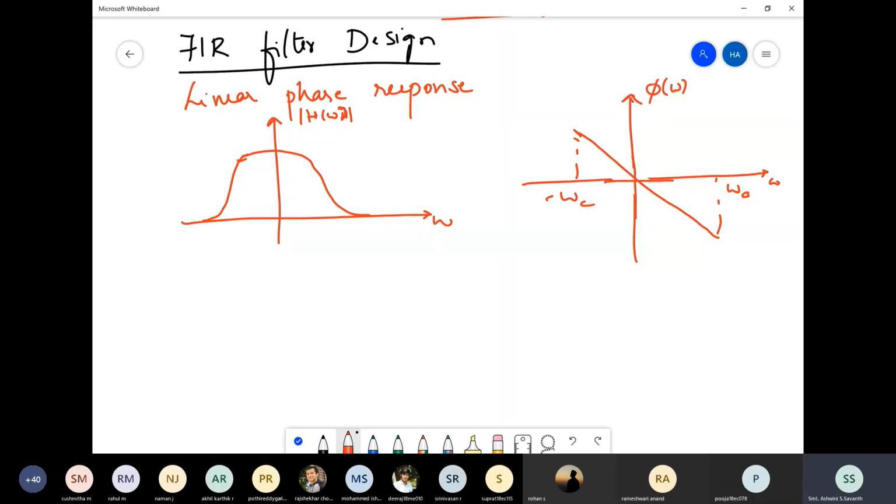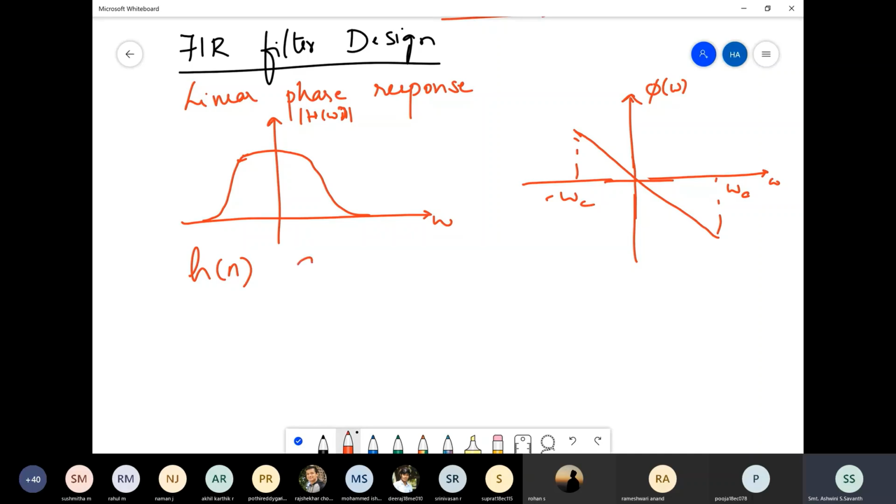Now, this linear phase characteristic of an FIR filter happens because of one important property of the impulse response of the system h of n. So what is that?